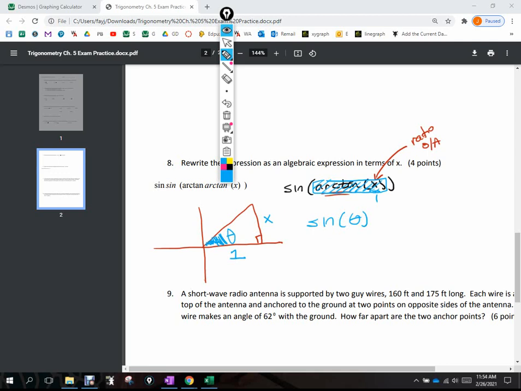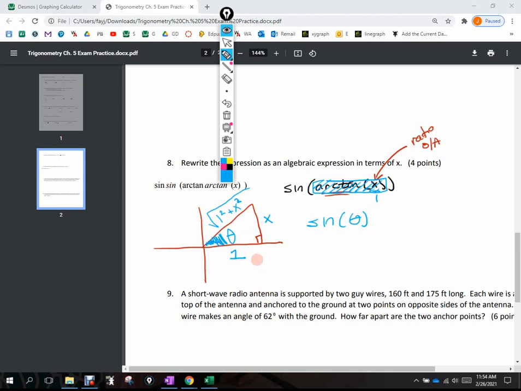So what's sine of theta? That's opposite over hypotenuse, right? How do I find this hypotenuse? The Pythagorean theorem tells me it's the square root of 1 squared plus x squared, right?